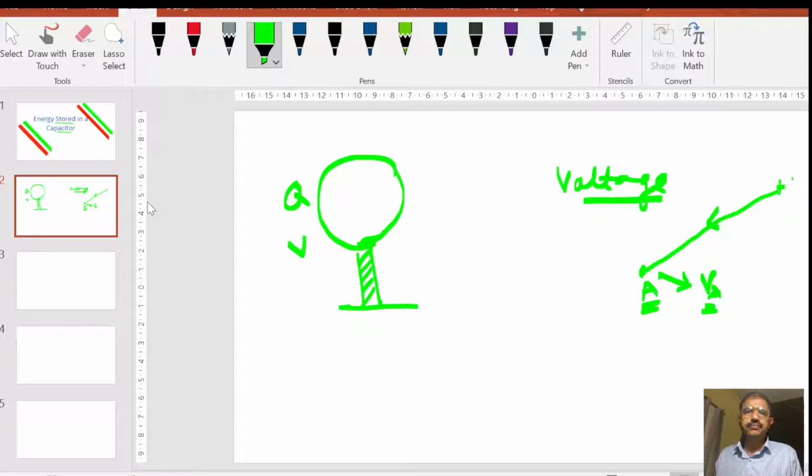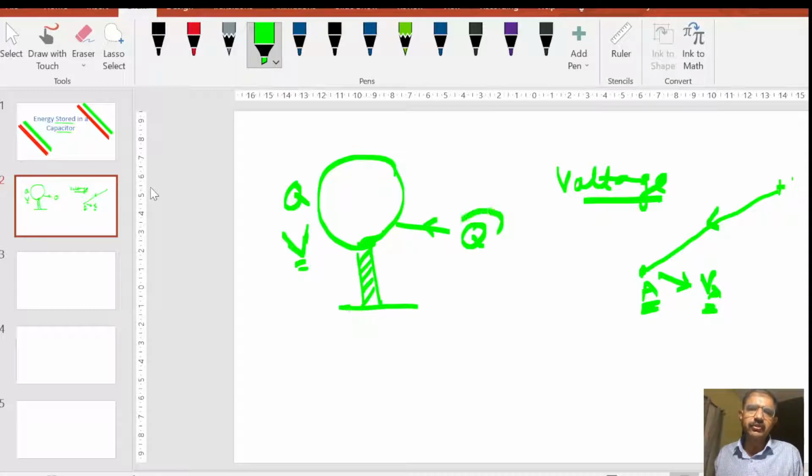Suppose the potential of this spherical capacitor is V. It means that if we bring a unit positive charge from infinity to this surface, the amount of work done is equal to V. Now we have to find how much energy is stored. Suppose I want to store a further charge Q on this.